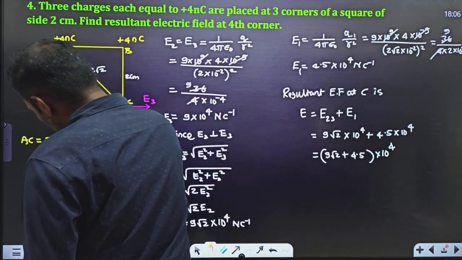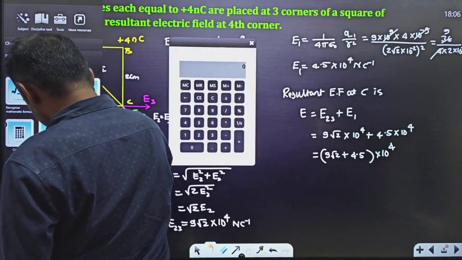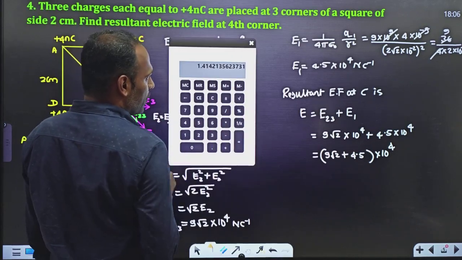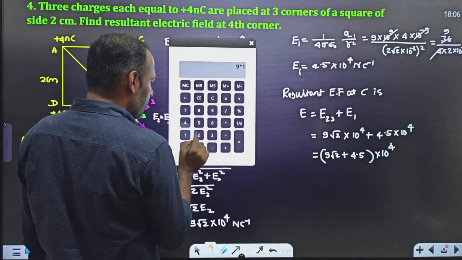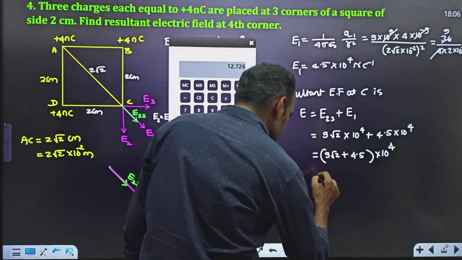Root 2 is 1.414, so 9 into 1.414 is 12.726.